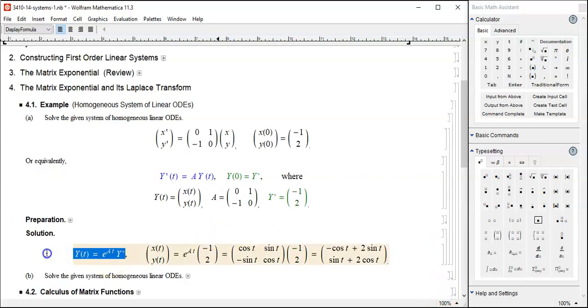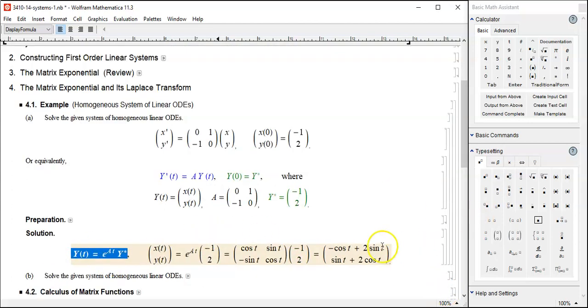I claim this is the formula. If we accept this formula as the solution, that's assumption number 1. And assumption number 2, if we accept this is the matrix exponential computation, under these two assumptions, the computation becomes really simple.